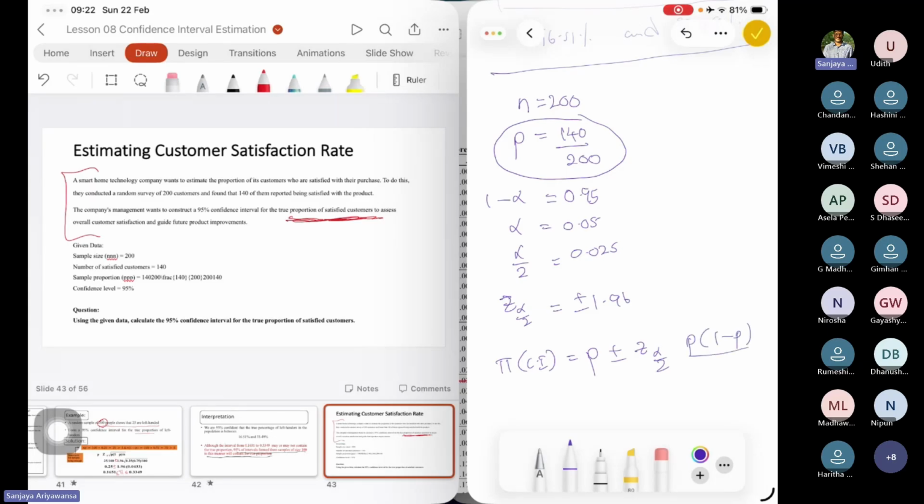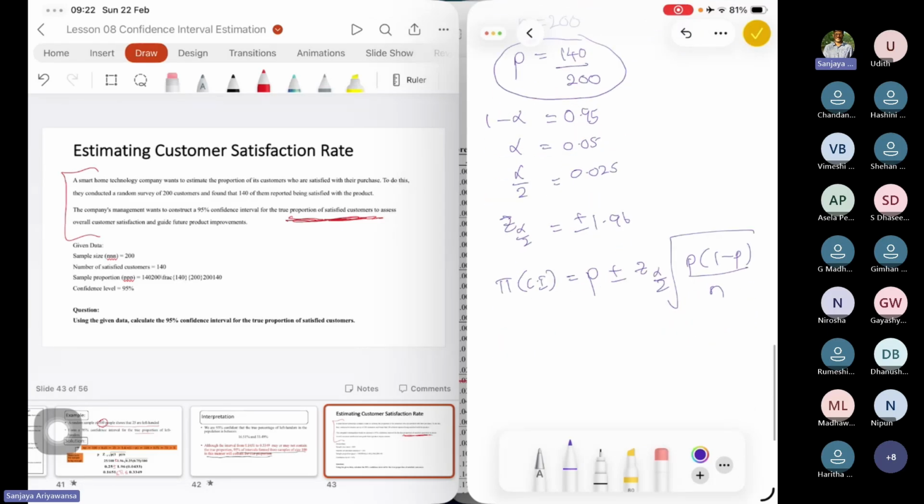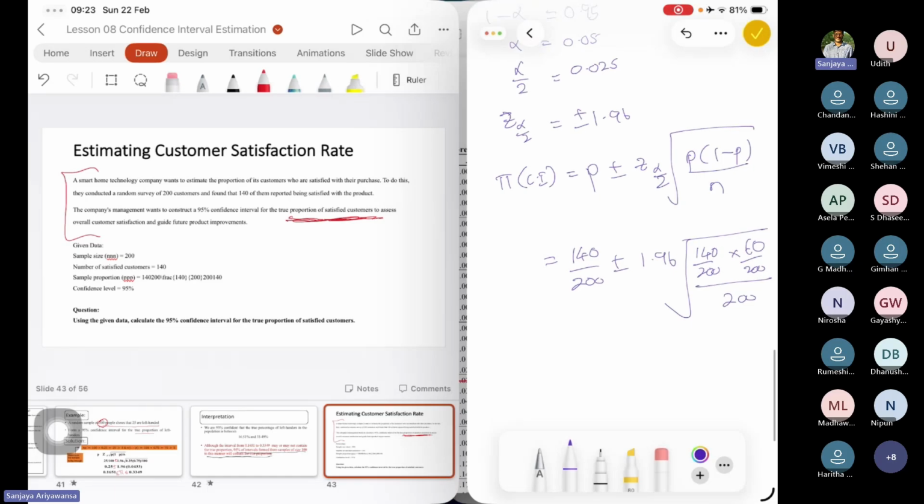Standard error is the square root of P times 1 minus P divided by N. So P is 140 divided by 200, plus or minus Z is 1.96. 140 divided by 200 times 60 divided by 200, divided by N, which is 200. Don't forget the square root. So you will get two values here. Here you will get the plus value, and here you will get the minus value.